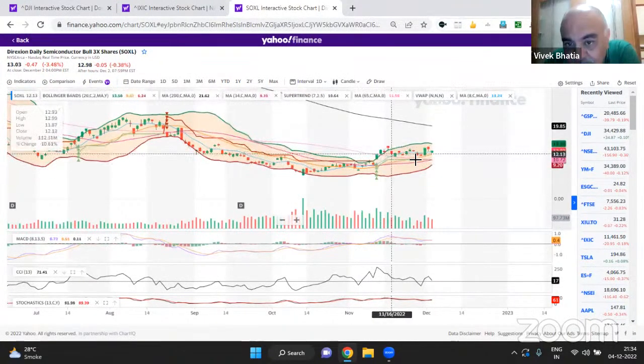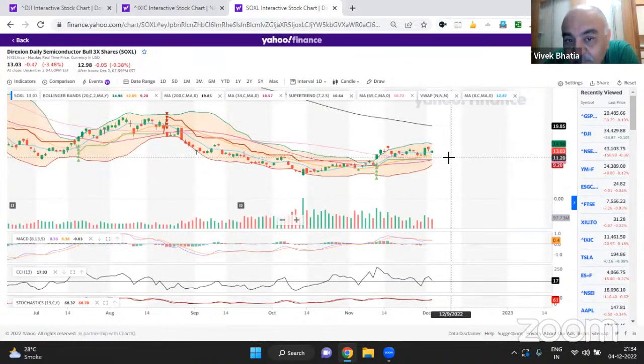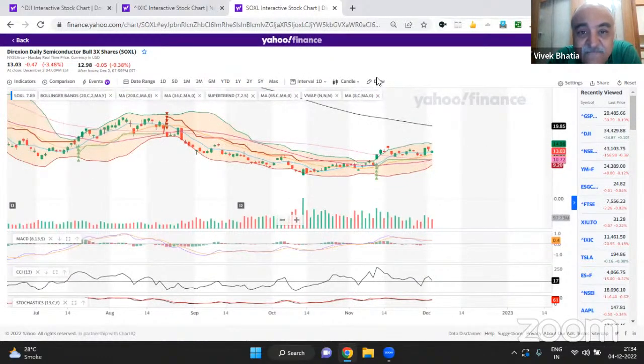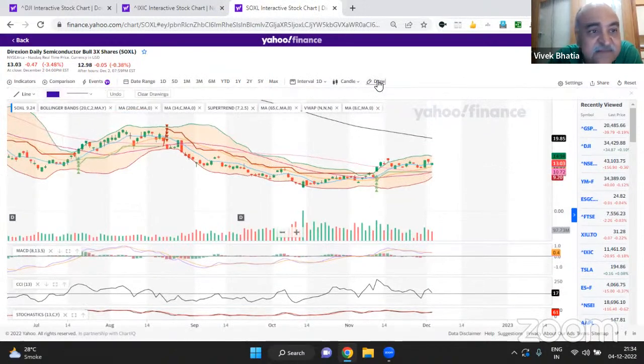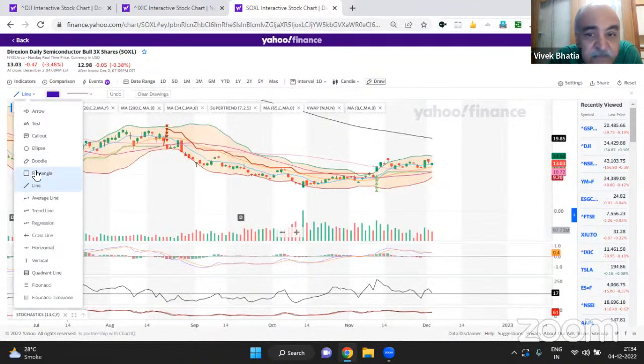Super trend has been flattish right from 15th of November. Right now, if somebody has to actually trade this, watch. Draw a box and you will realize they are working, currently waiting for a breakout.